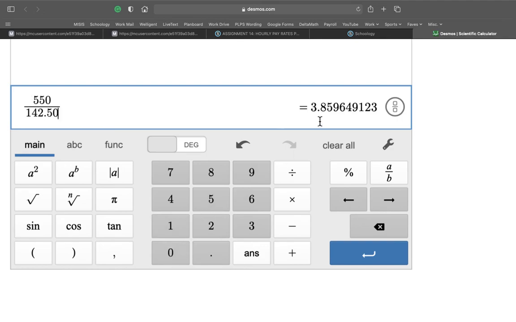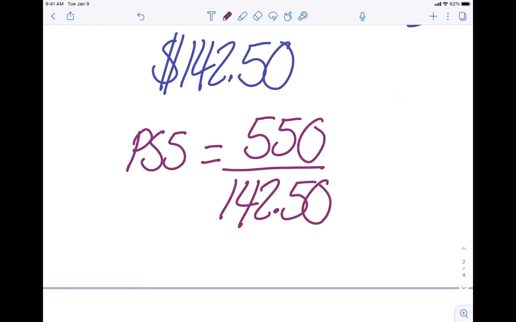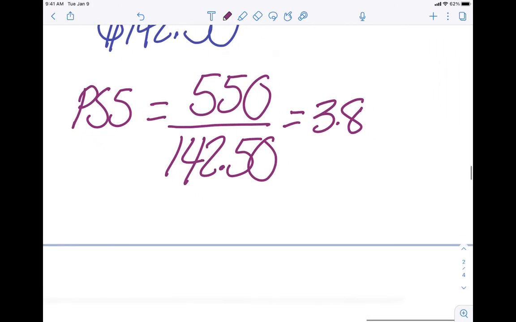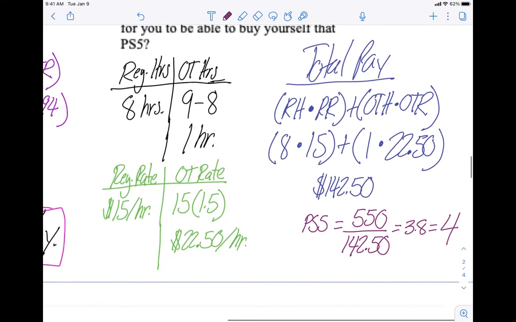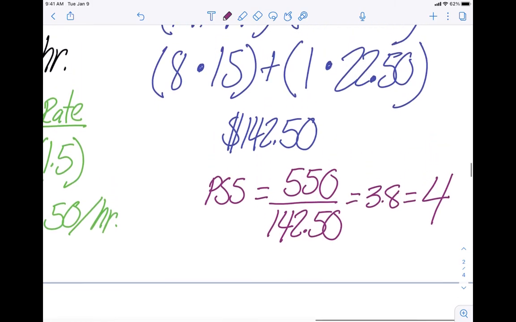We get 3.8. Right? 3.8. But we're going to round to the nearest day, which is 4. So that's how many days you have to work at Yogurtland, making this amount of money to be able to afford to buy yourself the PS5.